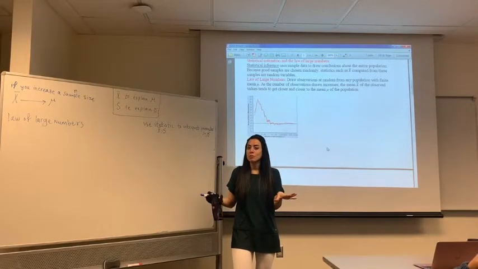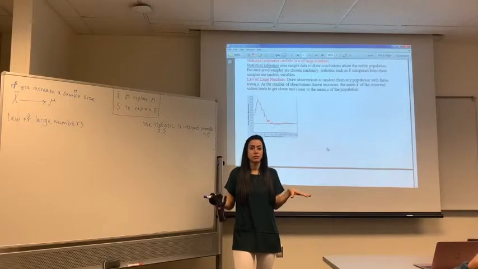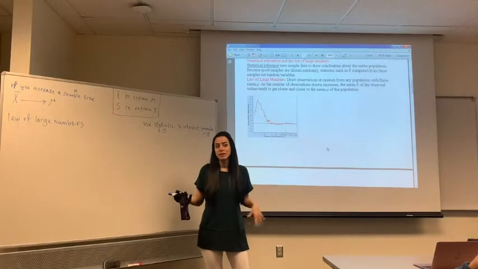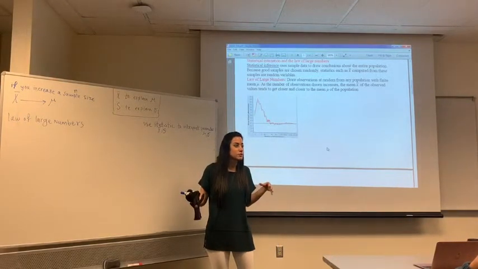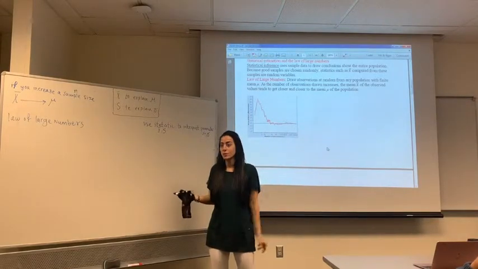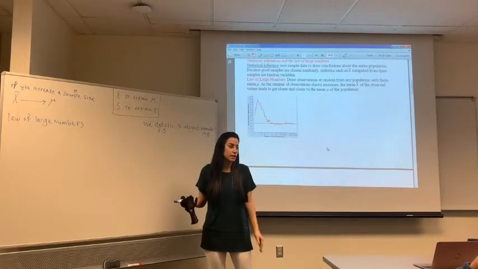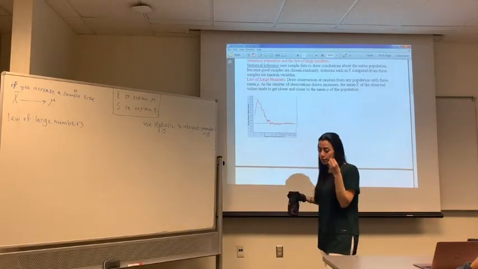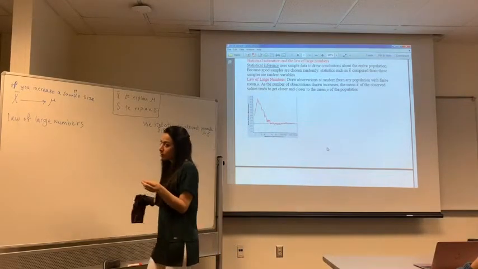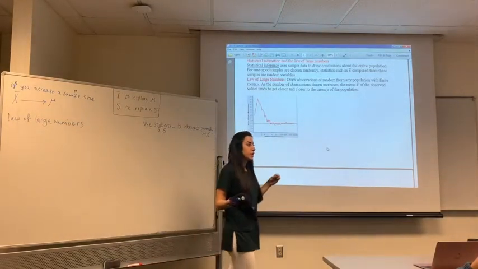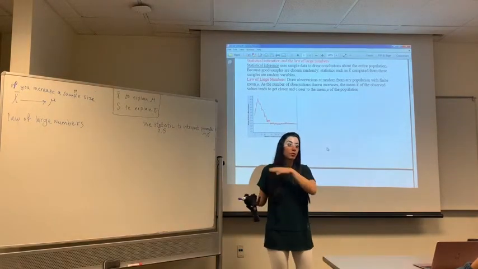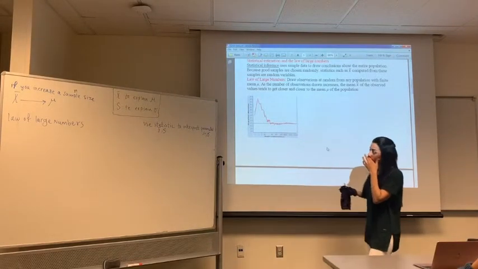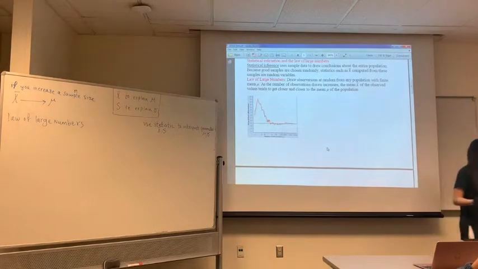If I increase the sample size, the GPA in this sample will be closer and closer to the average GPA of all the students at UNM Gallup. So the average GPA that I get from the sample is X bar, but the average GPA that I don't have yet, which is from the population, is mu. Okay? So this is the law of large numbers. Do you have any questions?